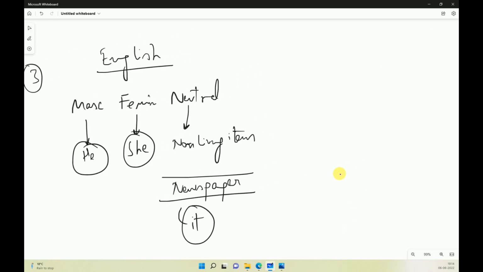However, when it comes to German, this rule does not follow. Like non-living item has to be neutral, that does not follow. Here also we have masculine, feminine, and neutral.